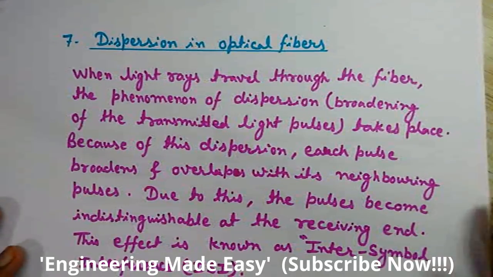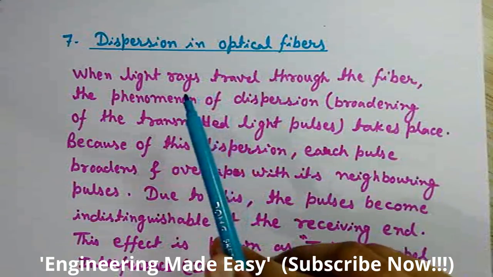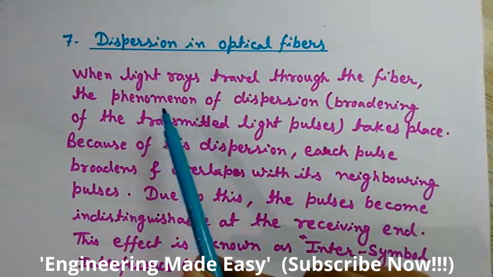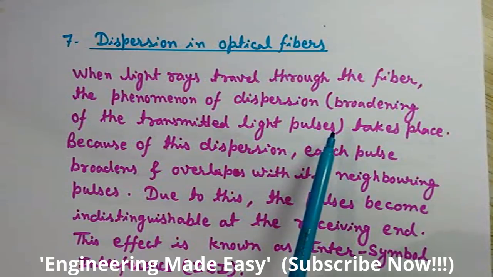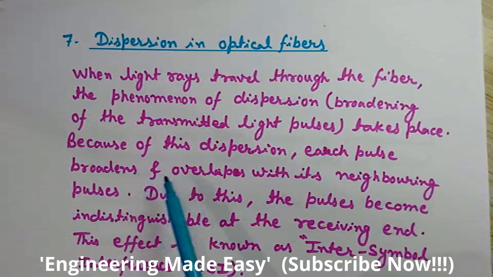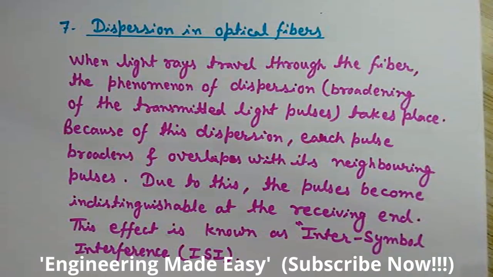The seventh point is dispersion in optical fibers. It is our last point. What is dispersion? When light rays travel through a fiber, the phenomenon of dispersion is just the broadening of the transmitted light pulse. Because of this dispersion, each pulse broadens and overlaps with its neighboring pulses. We have discussed it. So when many pulses travel through the optical fiber, as they travel along the way, they keep on broadening.